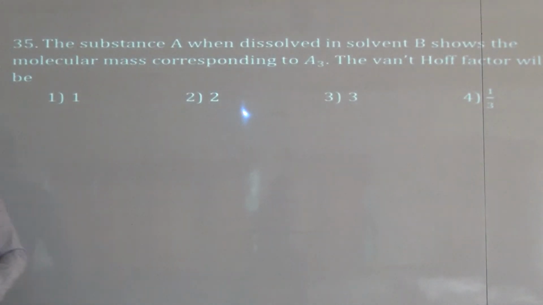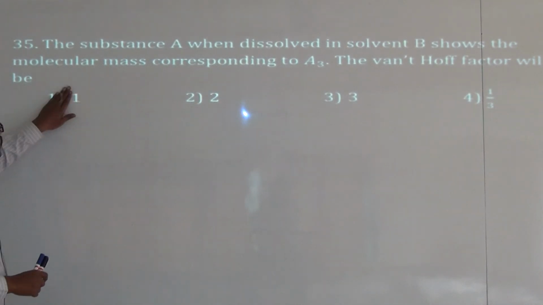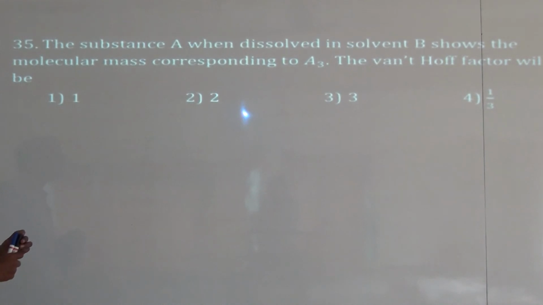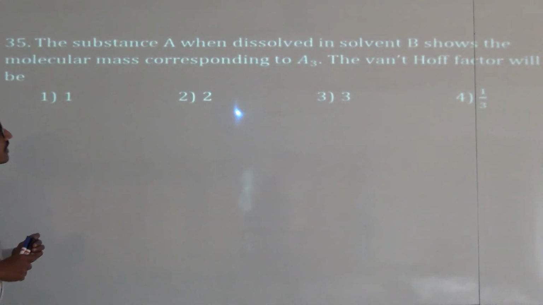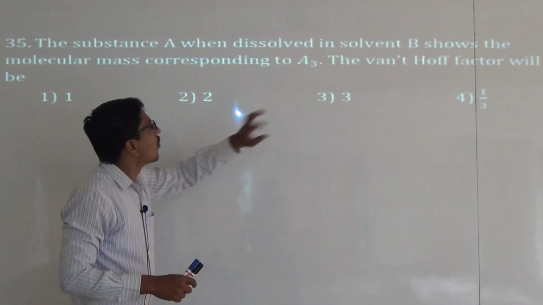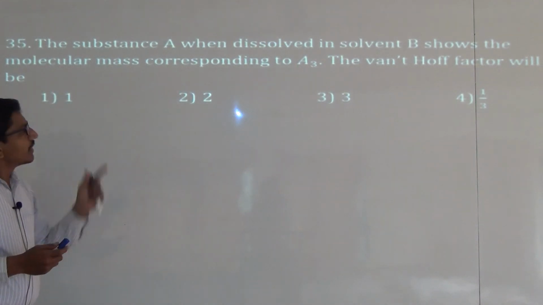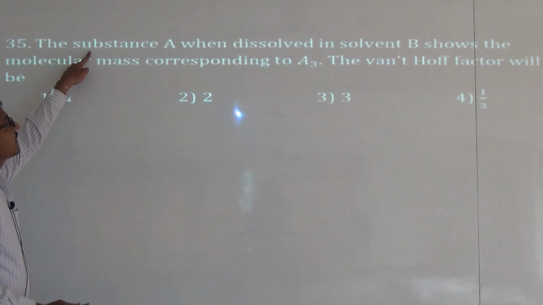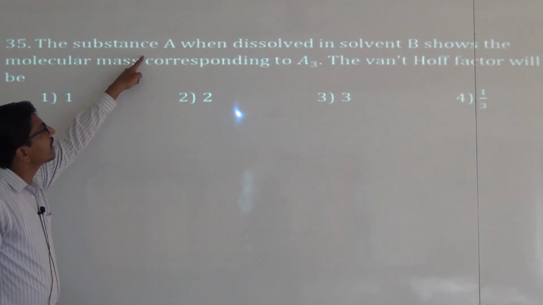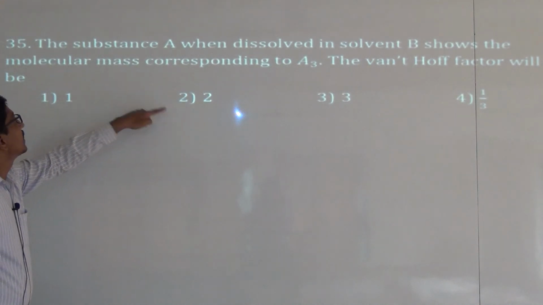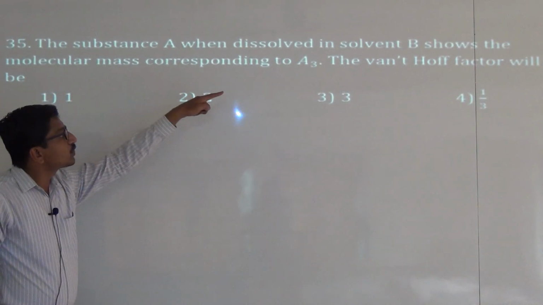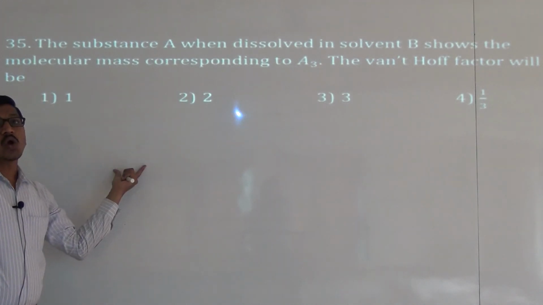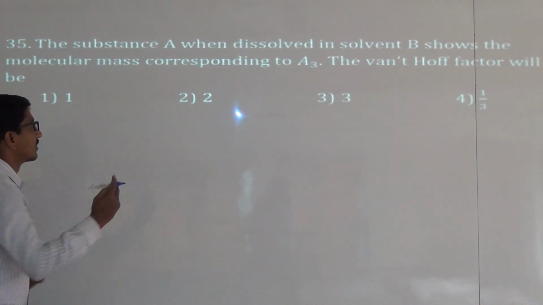Next question is, the solute A when dissolved in solvent B shows the molecular mass corresponding to A3. The van't Hoff factor will be. In this question, substance A, that is non-volatile solute A, is dissolving in solvent B. The molecular mass corresponding to A3 means A undergoes association to form a trimer.